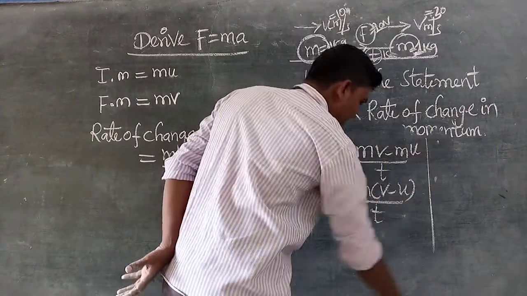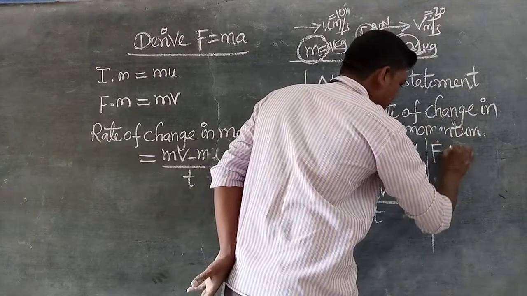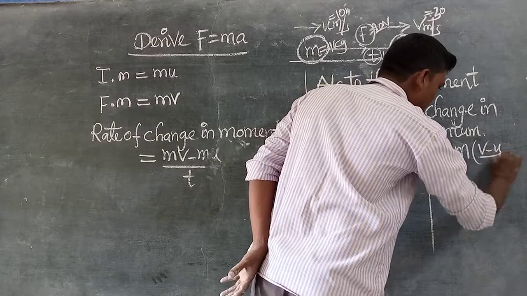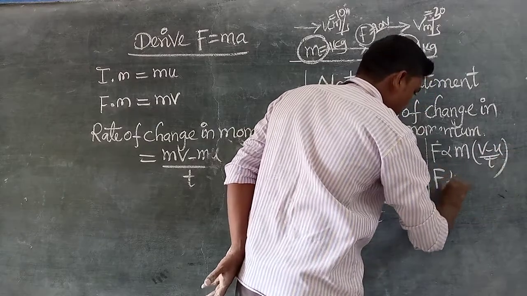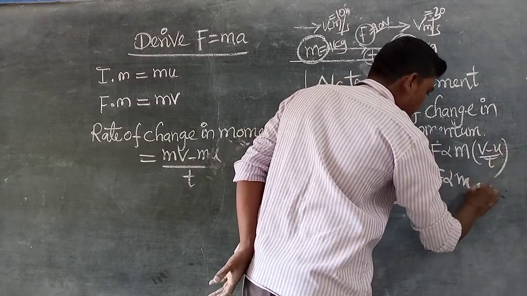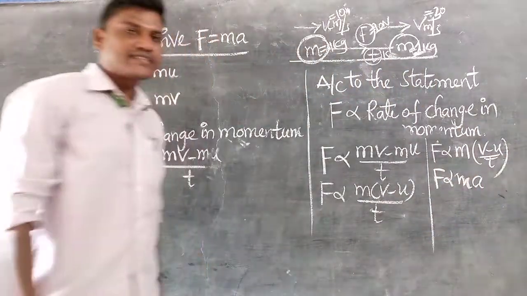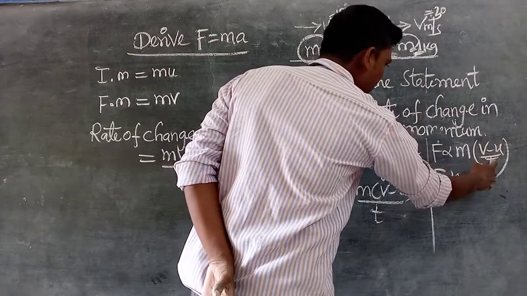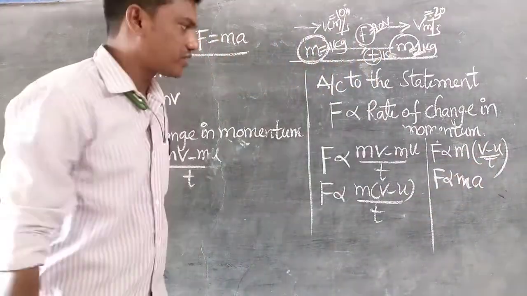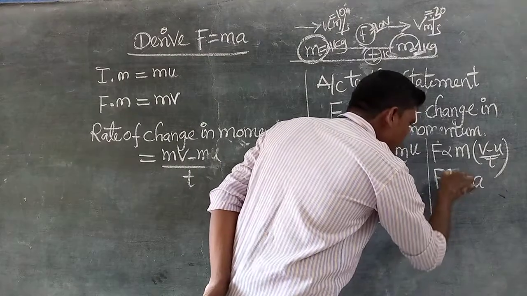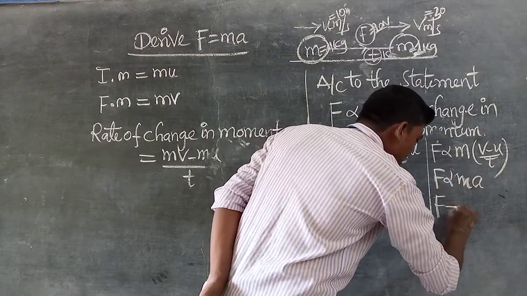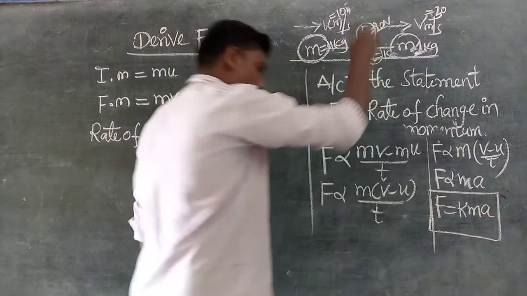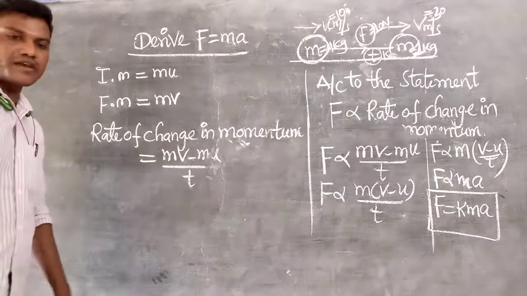So we can write F is directly proportional to m, and (v minus u) upon t is a, because acceleration is equal to the rate of change of velocity. (v minus u) upon t we call acceleration. Now if we eliminate the proportionality symbol, we can take F equals kma. F equals kma.